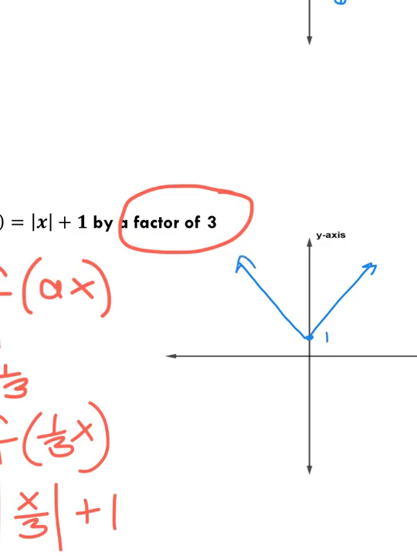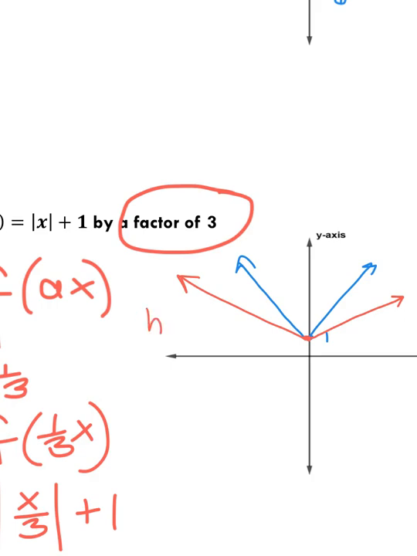And when we do our horizontal stretch, that's going to make it wider. And so in this case, our vertex did not change. So we still have that 1, but we're going to get much, much wider here because we're multiplying the input by 1/3. So very, very similar to vertical compression is related to horizontal stretch.